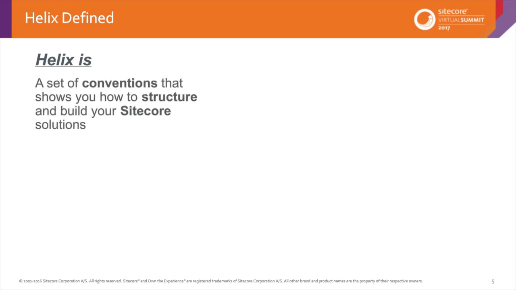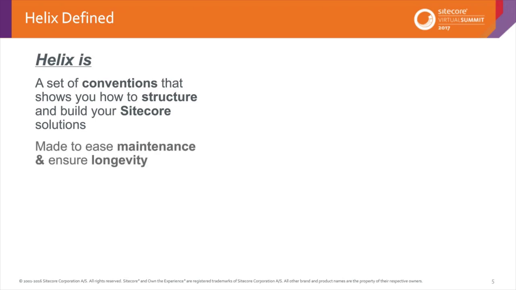So what is Helix really? I do assume that most of you know Sitecore Helix and have read the conventions online and perhaps even attended workshops, presentations, and so on. But really quickly, Helix is a set of conventions that show you how you can structure and build your Sitecore solutions.